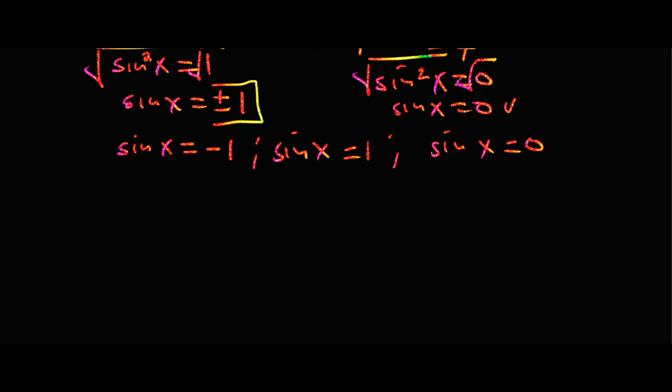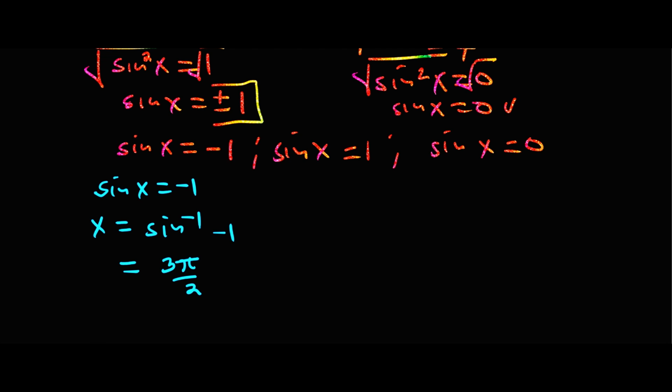So for the first one, when sine of x equals negative 1, it means therefore that x can be given by taking the sine inverse of negative 1, and the sine inverse of negative 1 is 270, which we can write as 3 pi over 2. So that is the first value.